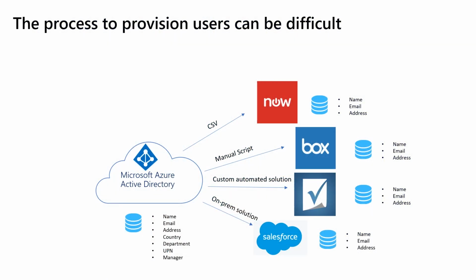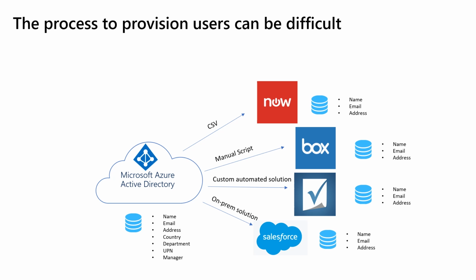When you look at the process today, how you are actually provisioning these users into different applications, you might see that there are different kinds of methods you are using. The first and very common method which we have seen is CSV, where you do a CSV upload on a regular basis to different SaaS applications, and that way you can update user information on an ongoing basis.